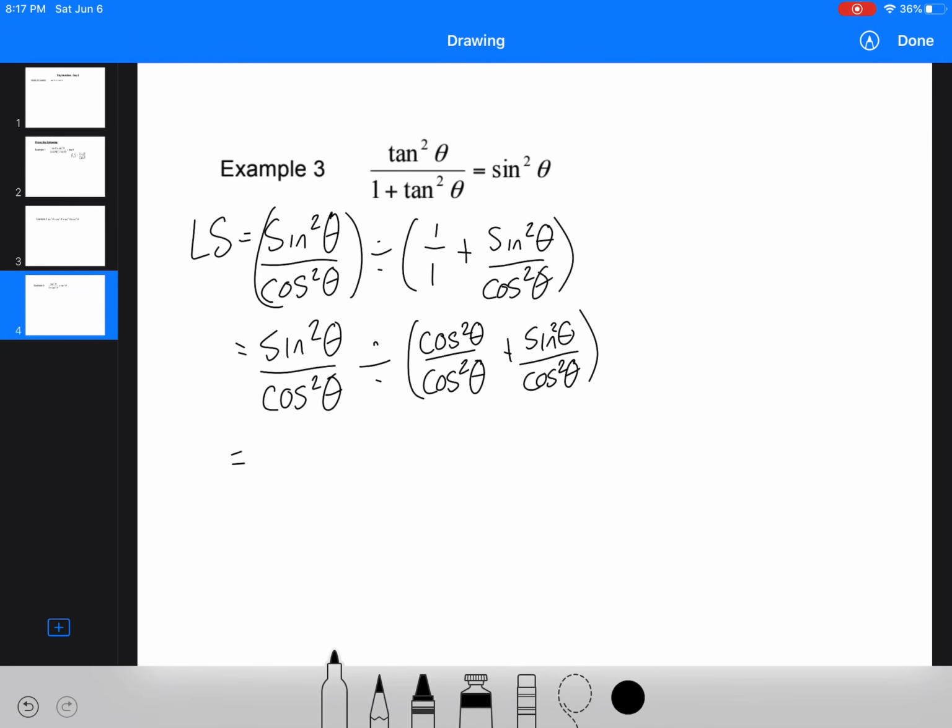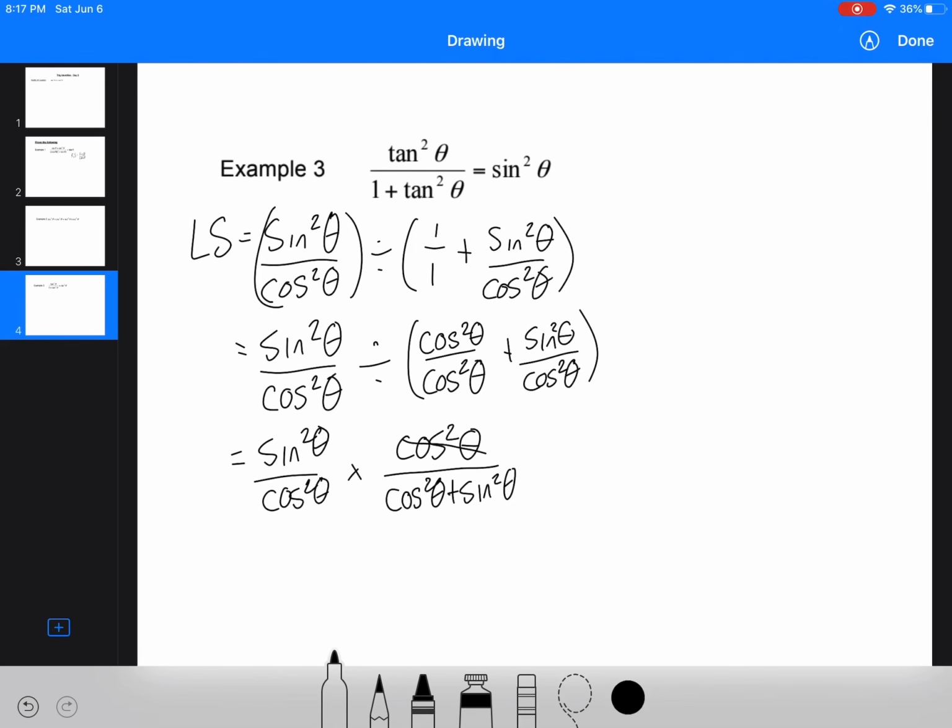So that becomes sine squared theta over cos squared theta times cos squared, we're flipping the fraction, over cos squared theta plus sine squared theta, which I could have written as sine squared plus cos squared, it's the same thing.